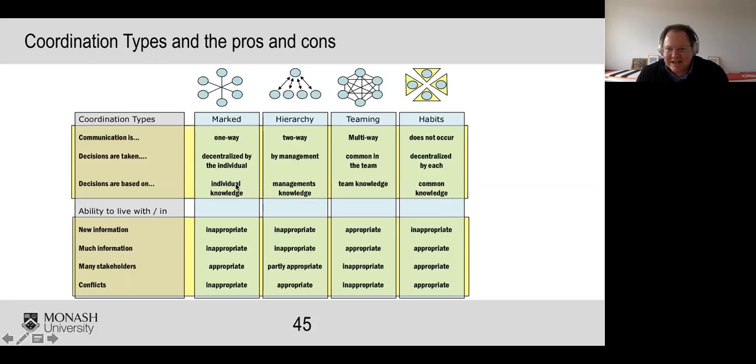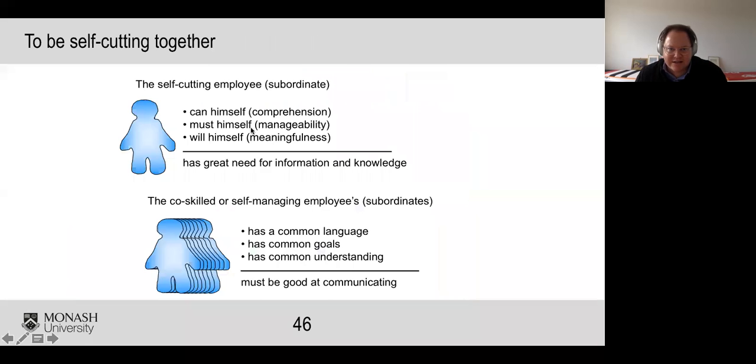And then it's still coming down here to individual knowledge, right? Well, actually, to go back, this is actually a different dimension. But here, comprehension means they just have to understand, and meaningfulness is kind of, they make sense of what they're being told. Whilst when you have co-skilled or autonomous teams, then you have to arrive with your specialism at a common language.